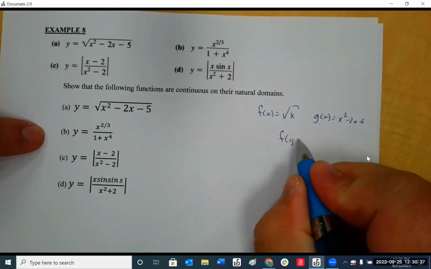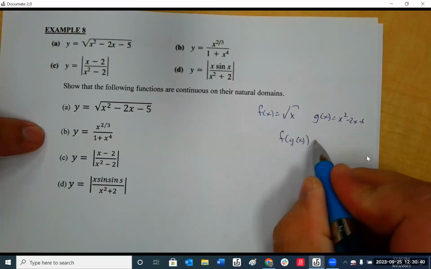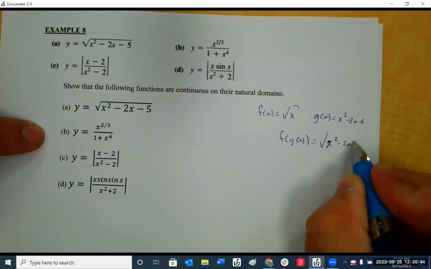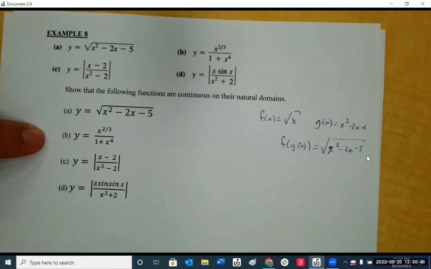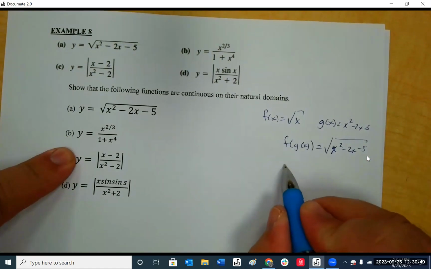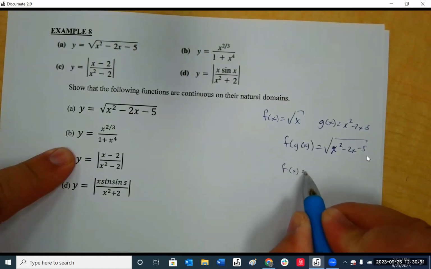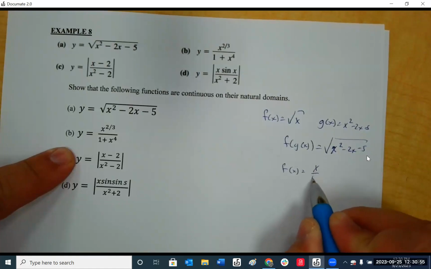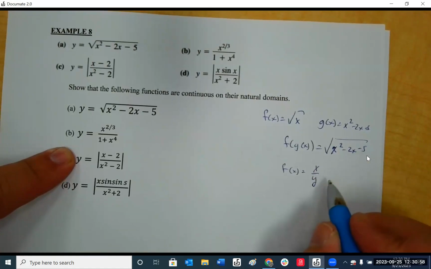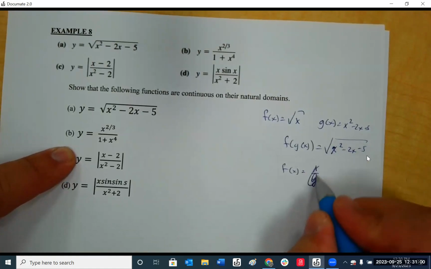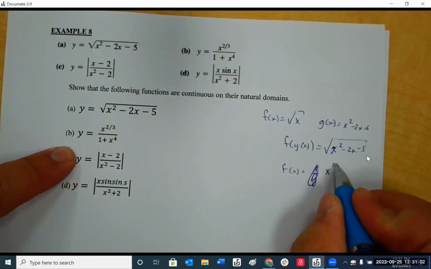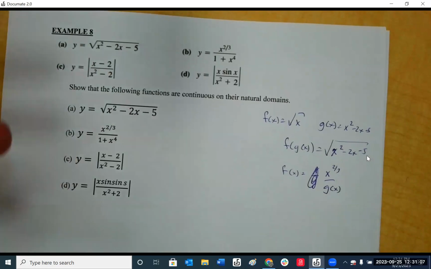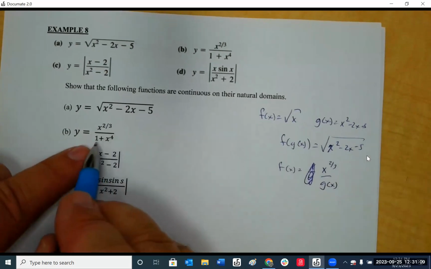So f of g of x would equal that. For the next one, let's say f of x equals 2/3 over g of x. It is a composite function because g of x would be that bottom part.